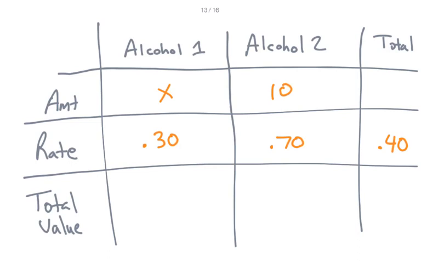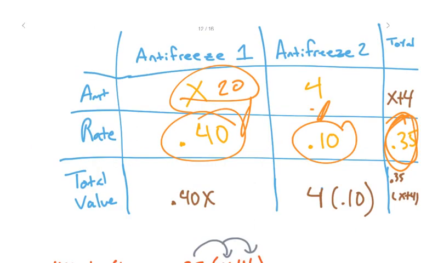So, when we look at here, if this is 0.4, 0.3, 0.7, 0.4 is closer to 30 than it is to 70, but it's not too much closer. So this x value will be bigger than 10, but it won't be as significant a difference as the previous question.